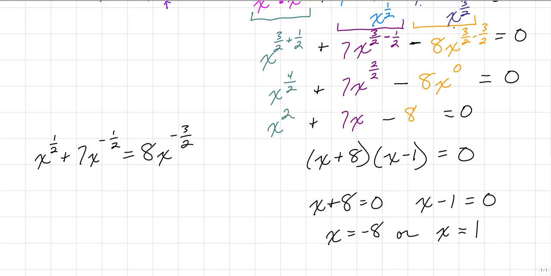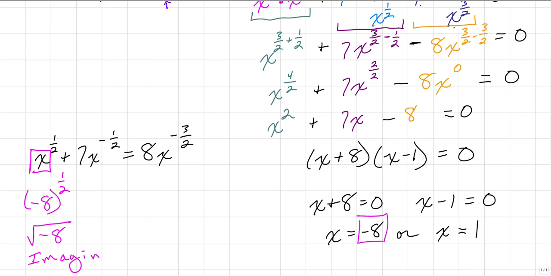Now, one of the things that you're going to see is the moment you put negative 8 into this first term, I don't even have to look at the other two. This becomes negative 8 to the 1/2 power, which means it's the square root of negative 8, which is imaginary, or not real. Therefore, negative 8 can't be a solution.